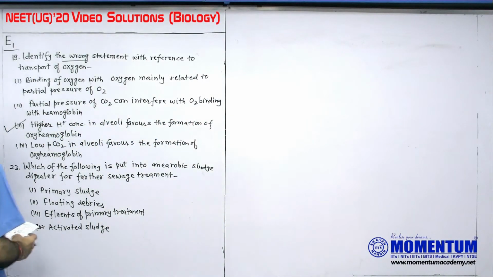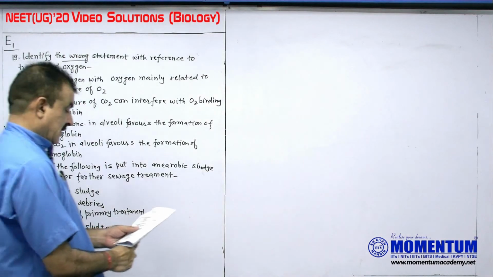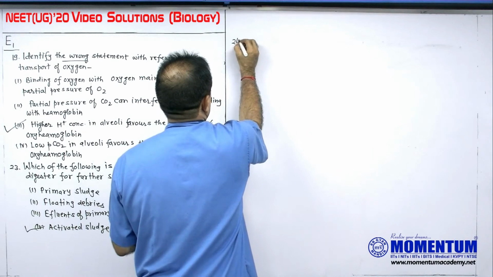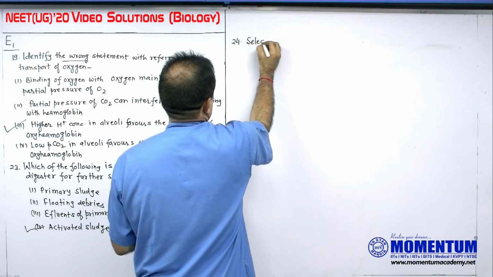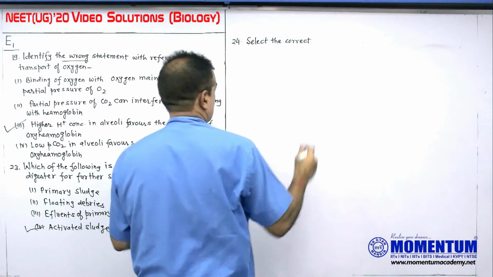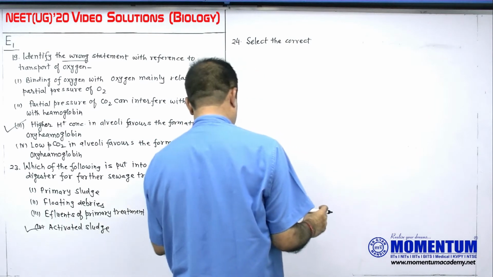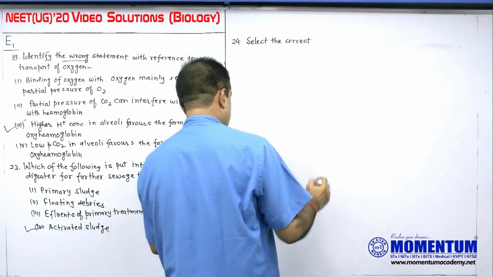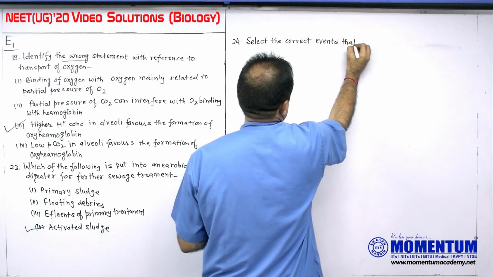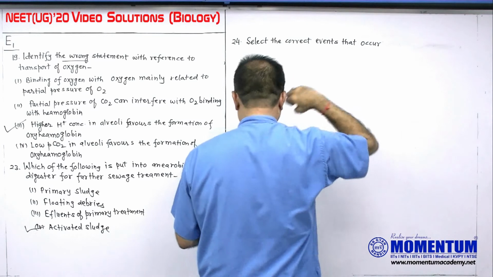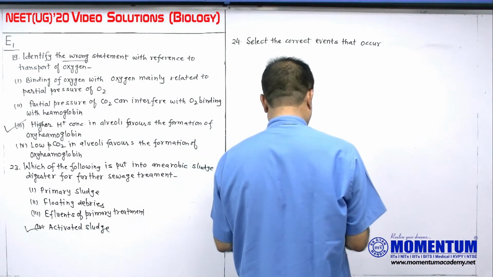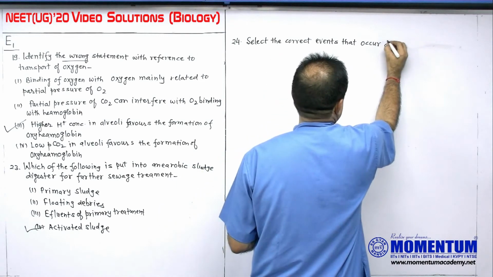Then next one, 24. Select the correct events that occur during inspiration.